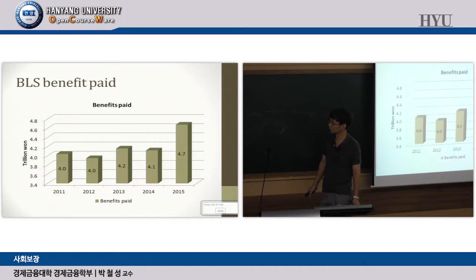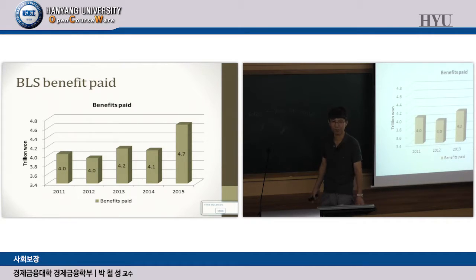About how much is that in US dollars? Trillion is such a big number I cannot figure it out. $1 billion is about 1.2 trillion won.